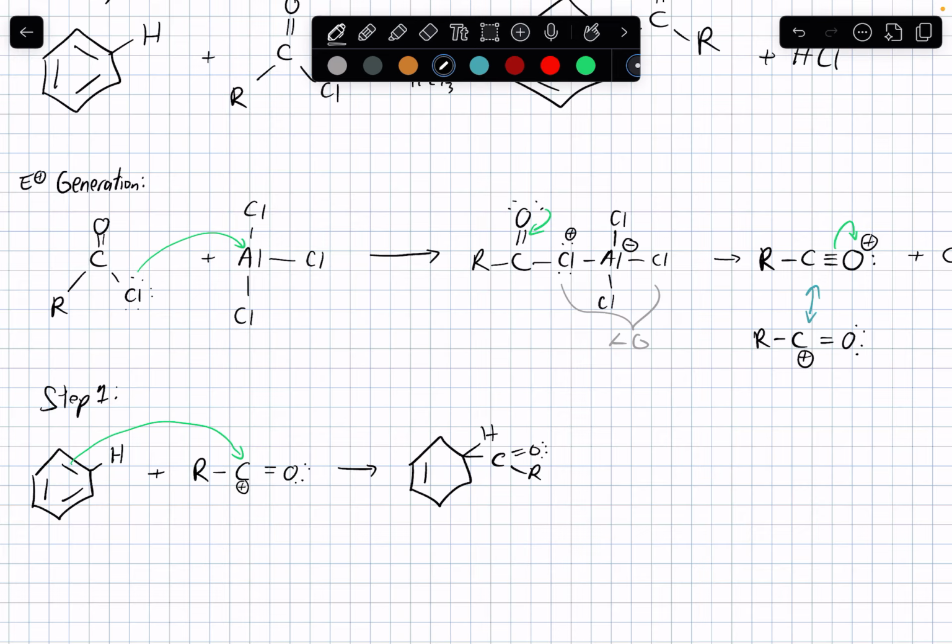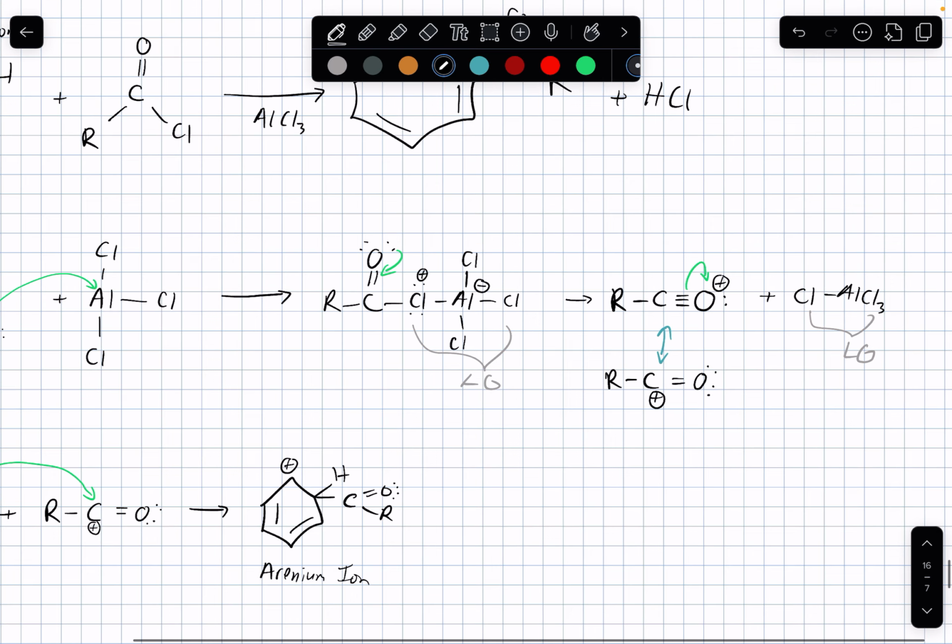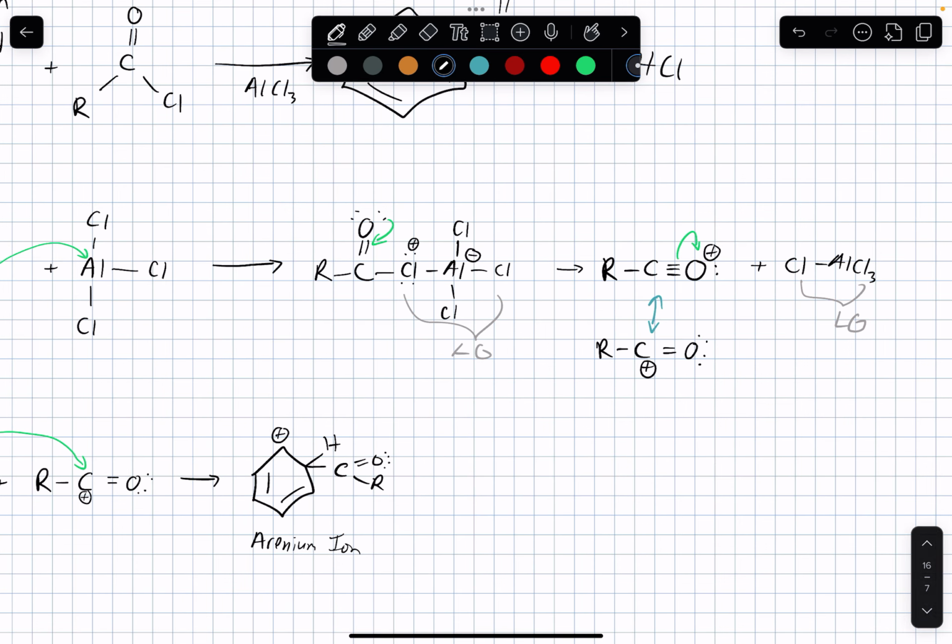So the positive charge is now gone. This is our arenium ion. What's going to be the base here? So the base apparently is our leaving group. Interesting.